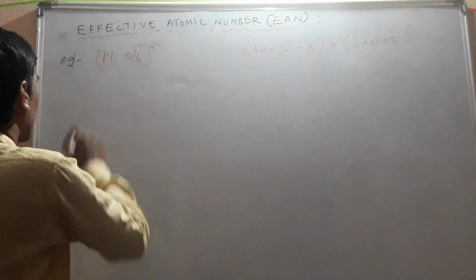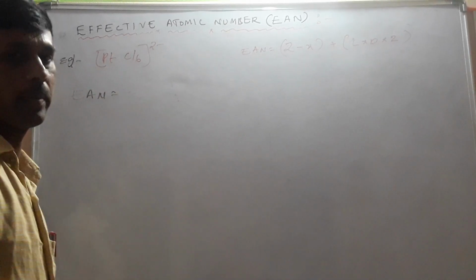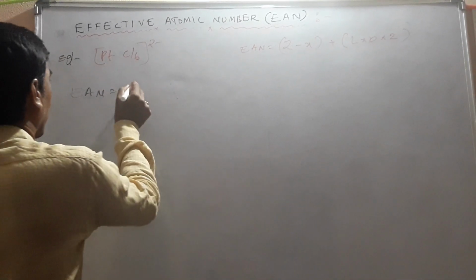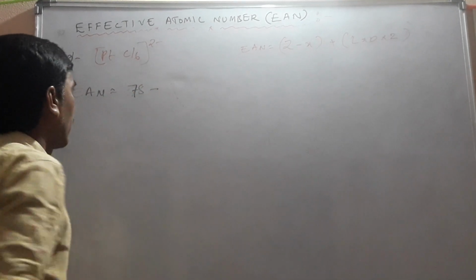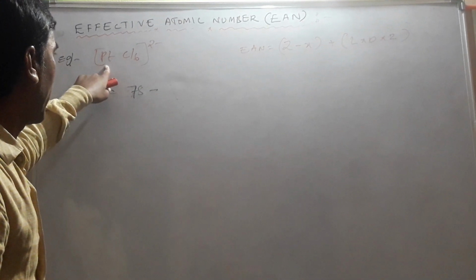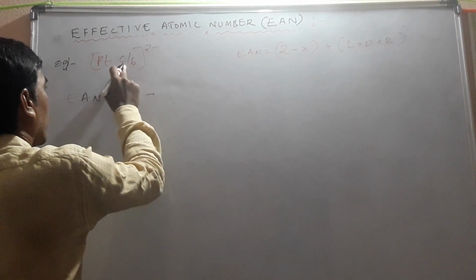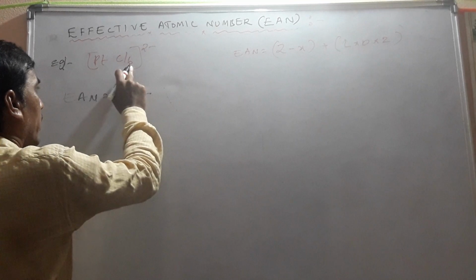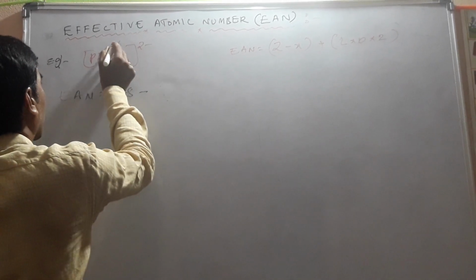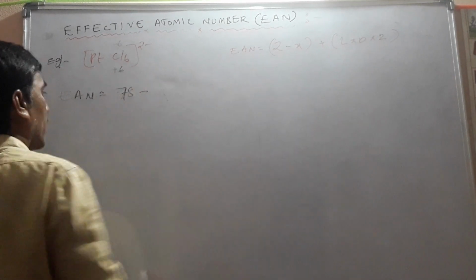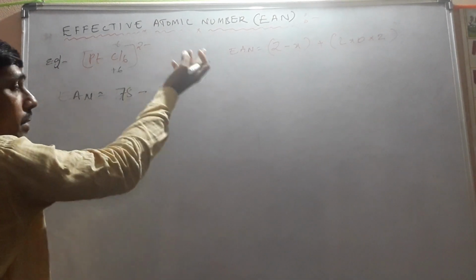In this complex, the platinum atomic number is 78. Next, the oxidation number of platinum: it is a monodentate negative ligand. How many ligands are there? Total 6 ligands are there. That's why we are using minus 6 in the calculation. Go to plus 6. Plus 6 minus 2 is how much?